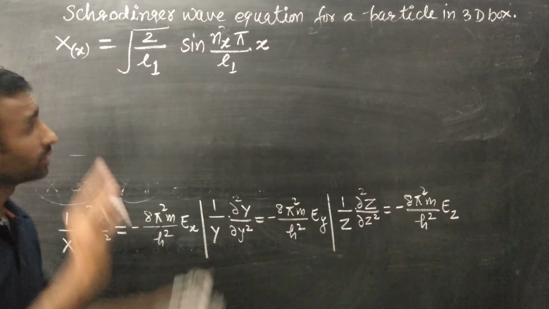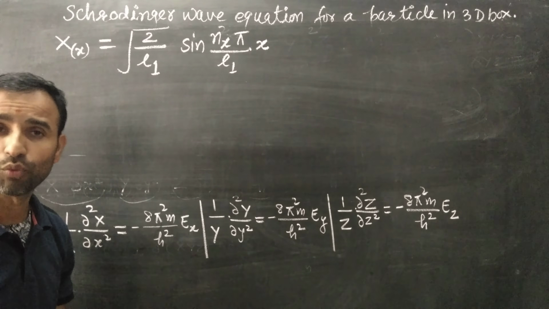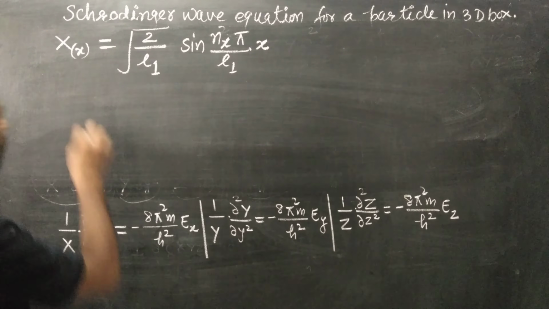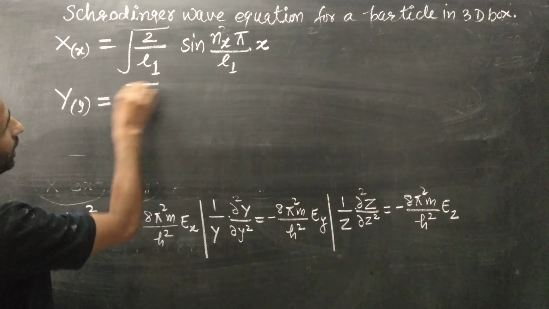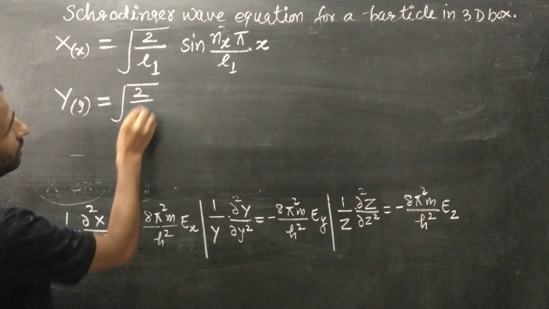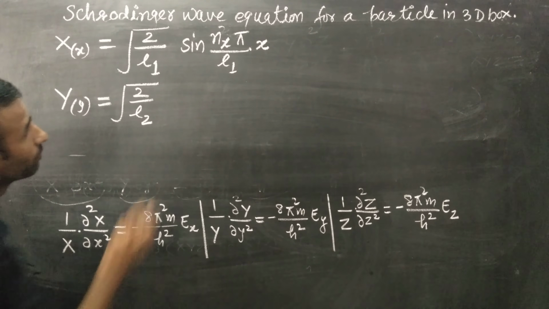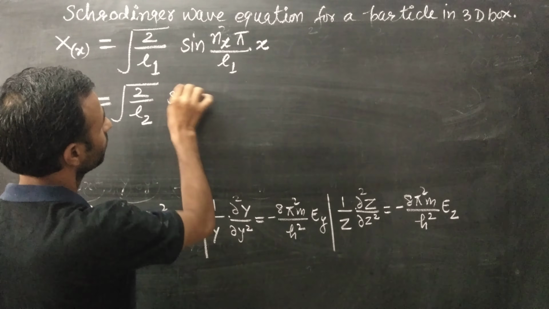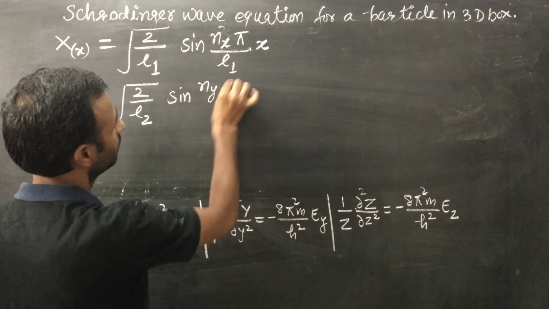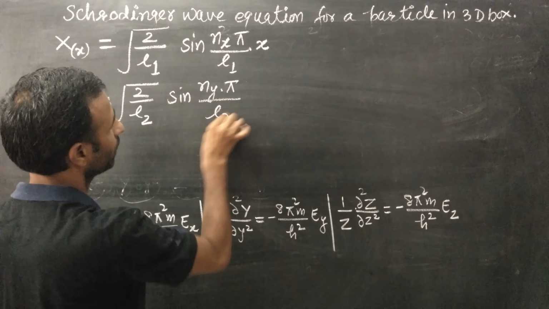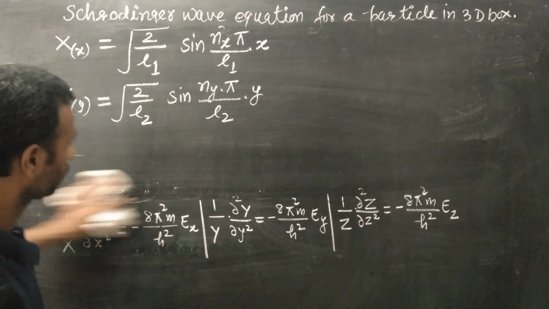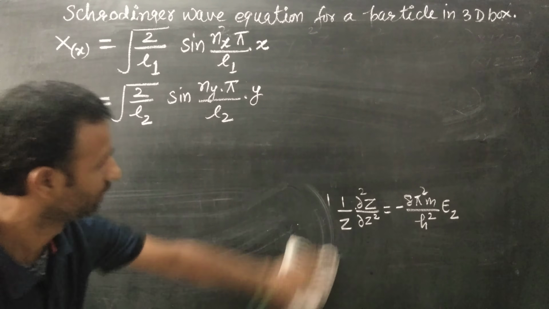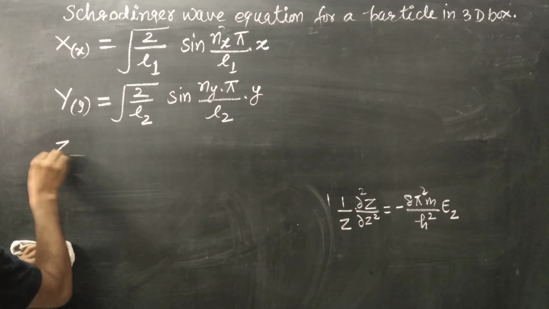So this is derived from the 1D box, and along y it is equal to under root 2 by L2 sine n_y pi upon L2 into y. And the third one, these are the solutions of these equations, right?